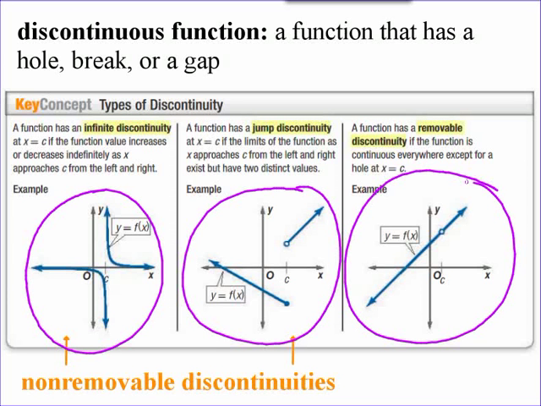Now we need to identify those. There are two types of discontinuities: removable and non-removable. Now you need to think back to when you had to jump. If you could put one sheet of paper, you removed the discontinuity.